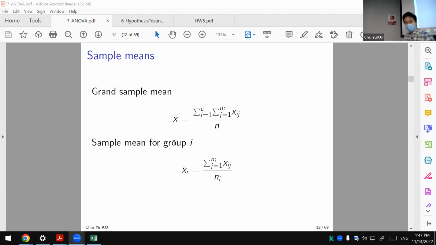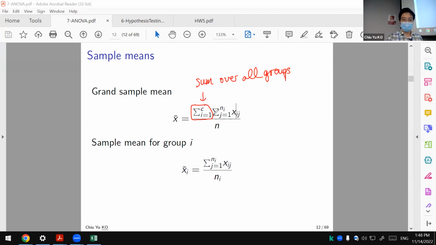The sample version looks like a complicated object, and it looks clumsy. But what it means is the two summation signs here look very unintuitive. You are just adding over i, the group, from group number 1 to group number C, so it's a sum over all groups.